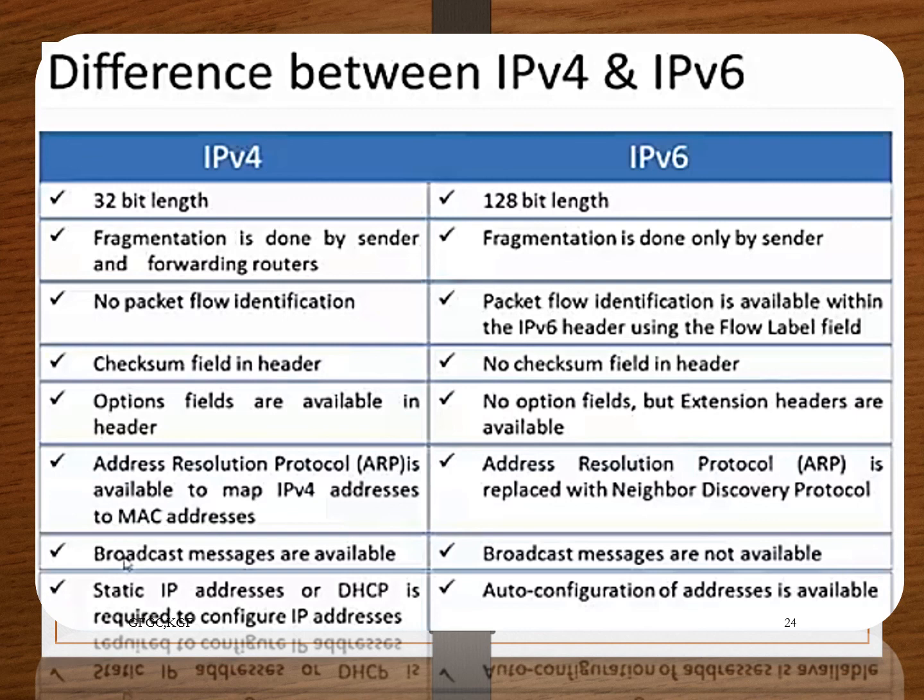IPv4 has static IP addresses or DHCP, Dynamic Host Configuration Protocol, which is required to configure the IP addresses, whereas in IPv6, auto configuration of addresses is also available. Not only that, the security feature is better in IPv6 when compared to that of IPv4. So these are the differences.